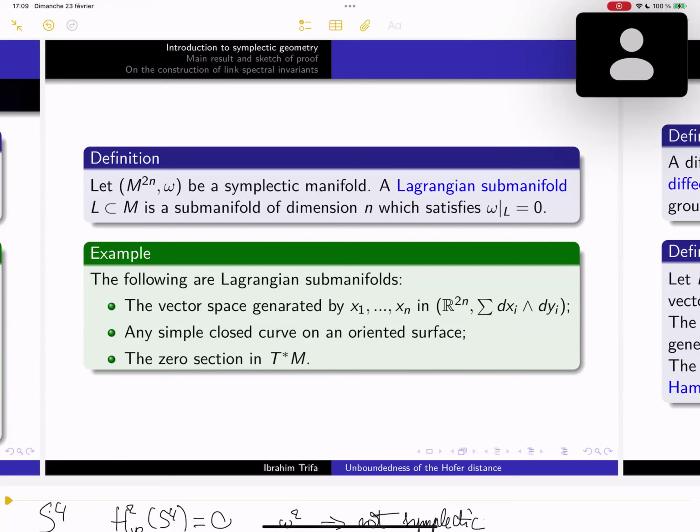Or if you take any simple closed curve on an oriented surface, since the form omega is anti-symmetric, when you evaluate it on a one-dimensional submanifold, it will always vanish. And so any simple closed curve is a Lagrangian submanifold inside a surface. Also, you can check that the zero section inside a cotangent bundle is a Lagrangian for the standard symplectic form I described before.